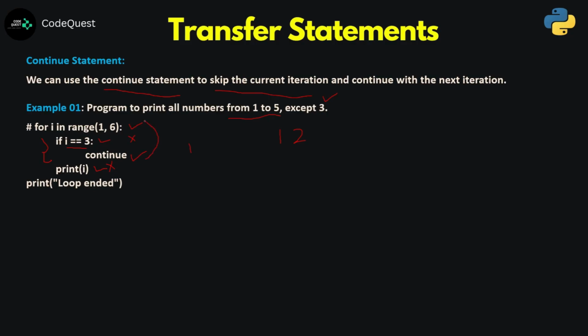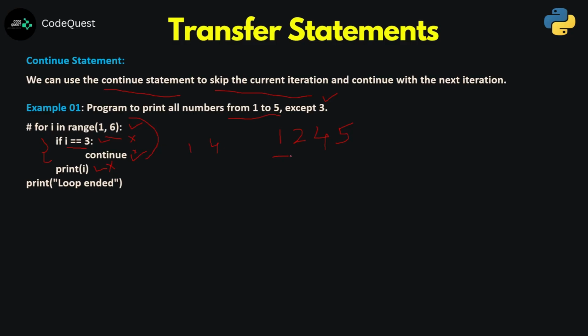And it takes me to the next iteration where the i value becomes 4. So now 4 equal to 3 is false. Hence, continue will not execute. As a result, print i will execute, so I am going to get 4. Next time, the i value is 5. This condition is again failing, so I am getting 5 here. Now we have come to the end of the range function.